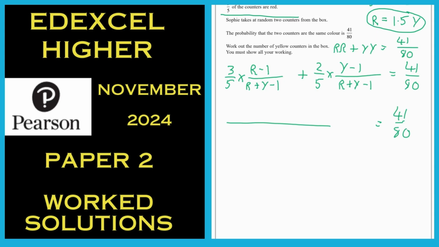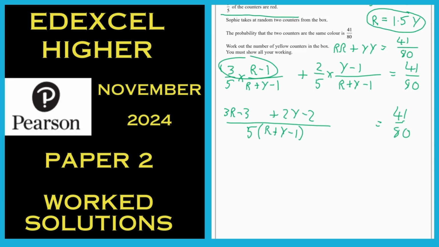They're all over 5 lots of R plus Y minus 1. So on top, let's do top times top here. That's 3R minus 3. And top times top here, 2Y minus 2.